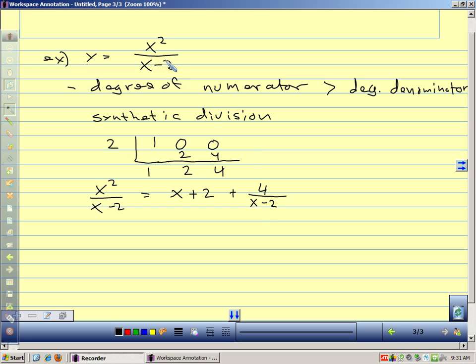And when we're worried about what kind of asymptote we have, we're not worried about this remainder term. When x gets really, really big, this remainder term gets really, really small, so we don't have to worry about it. So we're going to get a slant asymptote at whatever we have in this part after we do synthetic division.